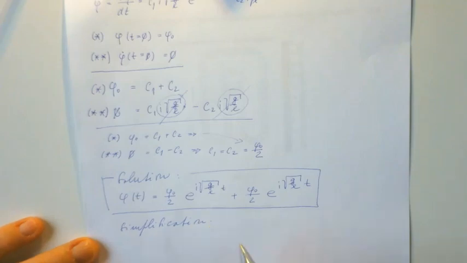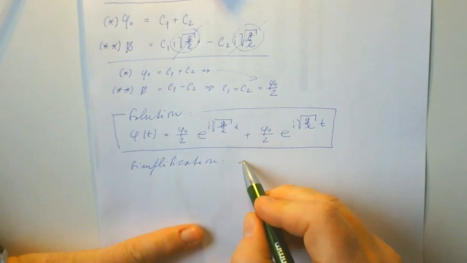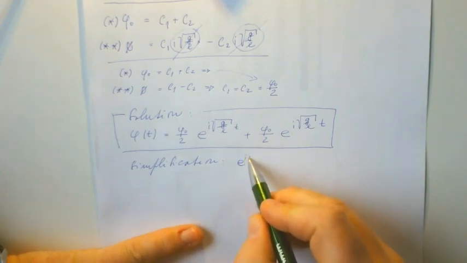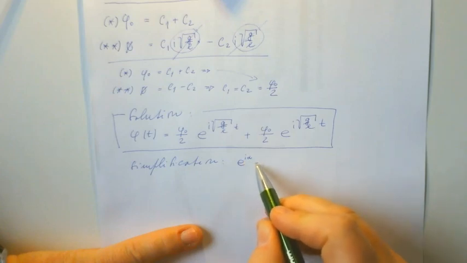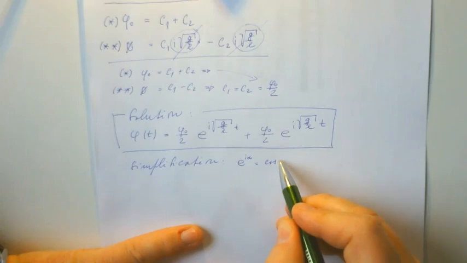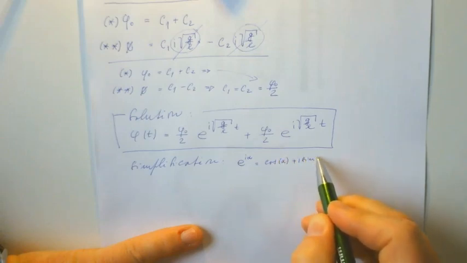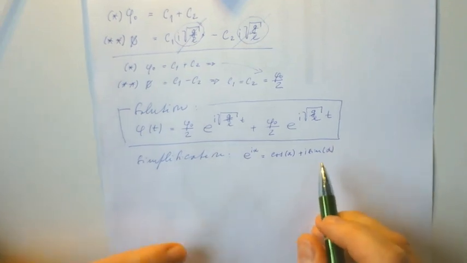Simplification. I'm sure you know that if we have Euler's number powered by the complex unit times an angle, we can write it in this form: cosine of alpha plus i sine alpha. Okay, so let's apply it.